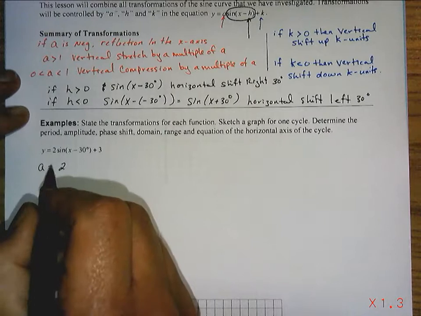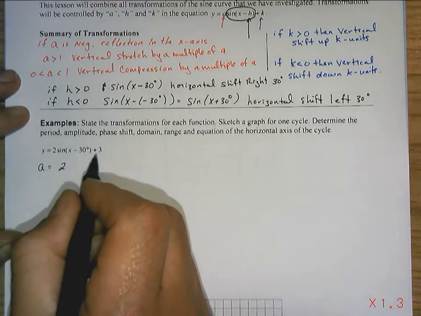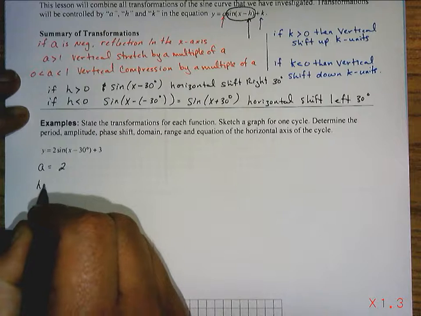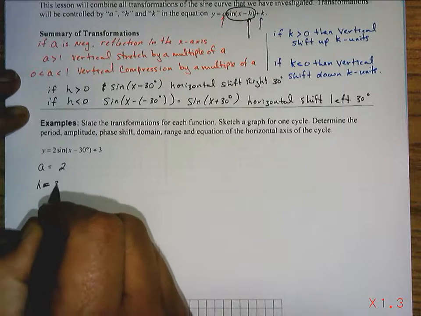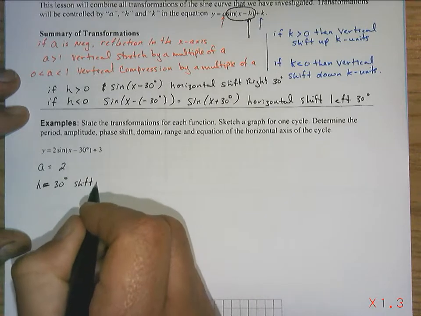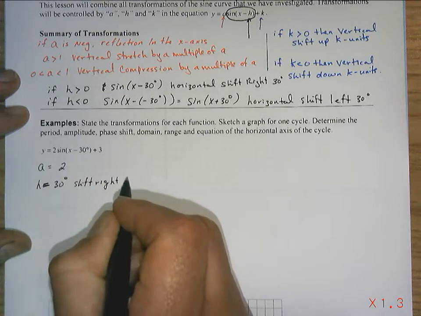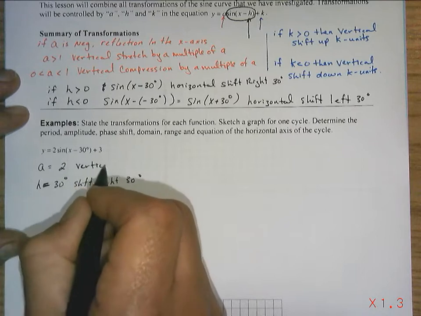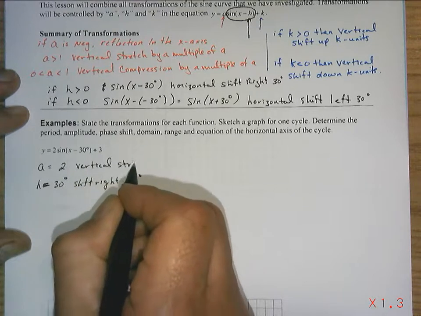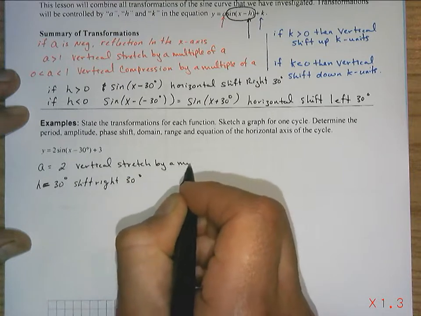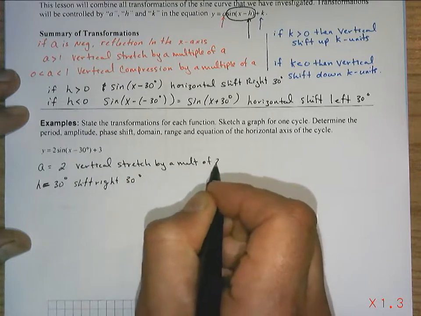I take a look at my horizontal. Well, let's just say h equals 30 degrees. So that's going to be a horizontal shift right 30 degrees. This is going to be a vertical stretch by a multiple of 2.